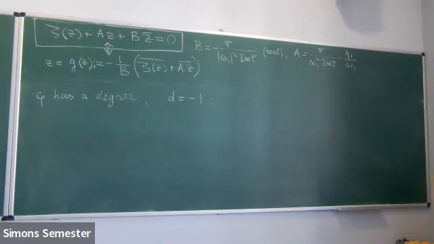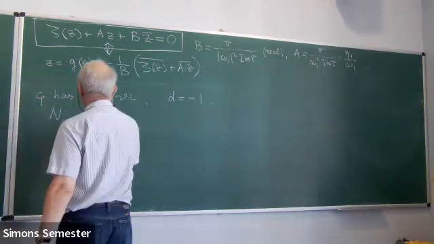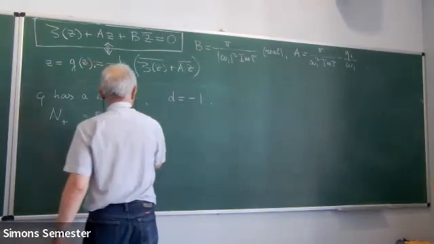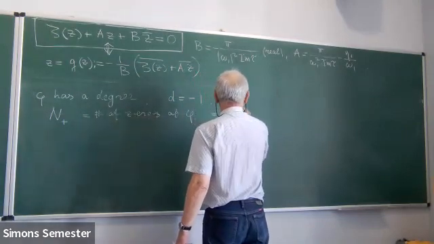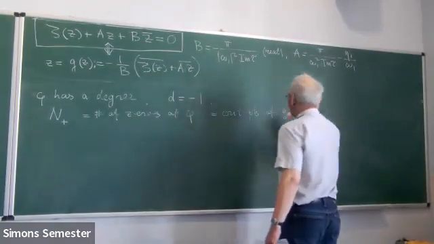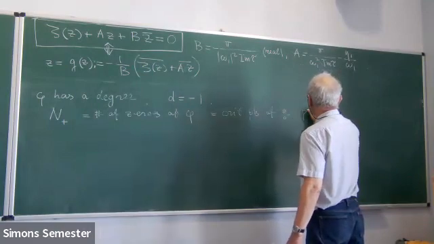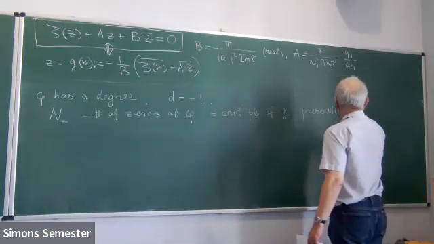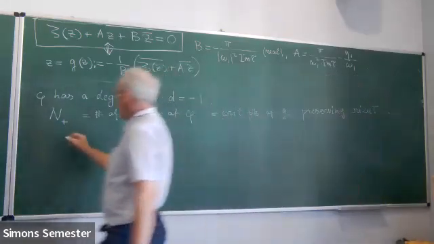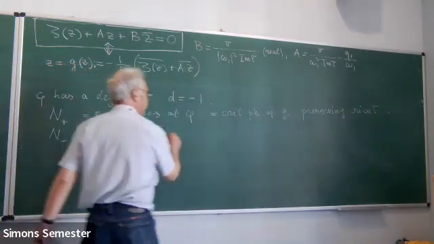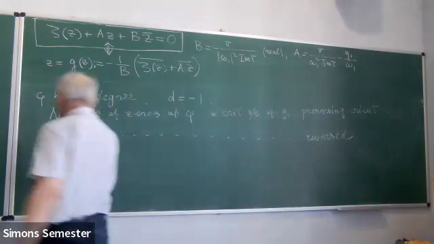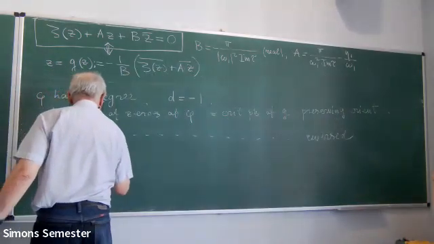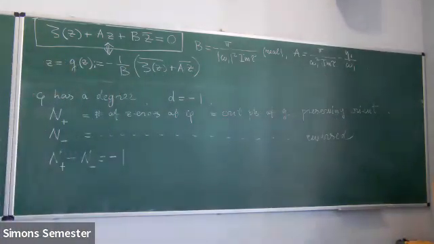So this means that the number of zeros of phi which are also critical points of G, where orientation is preserved, and number of zeros where orientation is reversed, satisfy n plus minus n minus equals -1 by definition of degree.